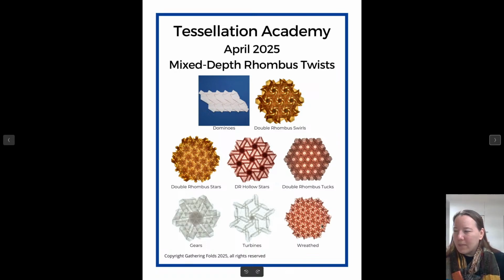And a lot of these patterns, like these that I'm touching with my mouse, I would recommend pre-creasing and collapsing, but I did show some of the tricks needed to fold these first 2 without pre-creasing everything.